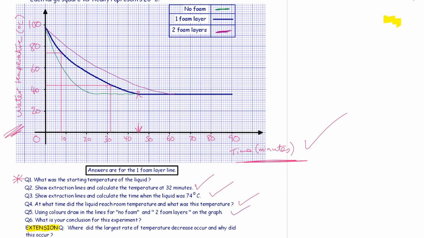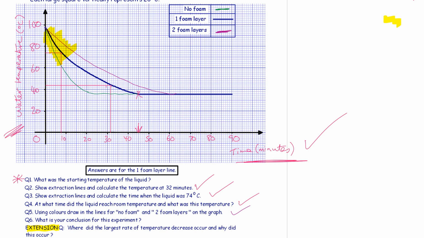And finally, an extension question. Where did the largest rate of temperature decrease occur, and why did this occur? It always occurred up here. And that is because the largest rate of temperature decrease occurred at the start of the experiment, I'd say within the first 10 minutes, because you have got the biggest difference between the actual temperature of the water in the cup of tea and room temperature.